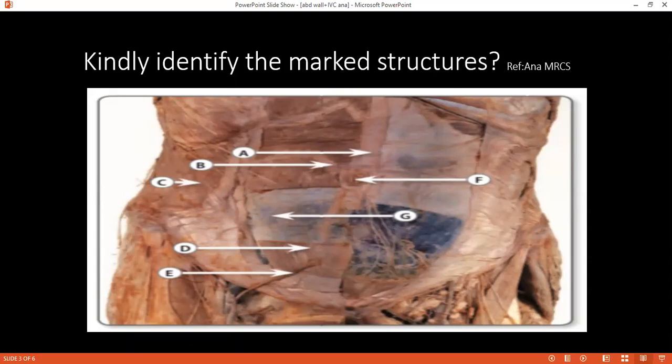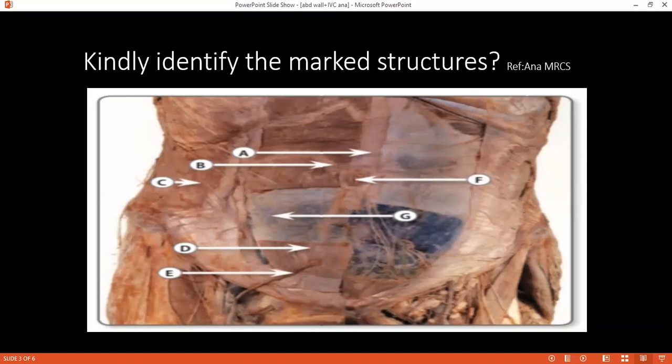Can you tell me the surface marking of the arcuate line and its significance? Approximately one third of the distance from the umbilicus to the pubic symphysis is the location of the arcuate line, and this is the lower limit for the posterior rectus sheath.